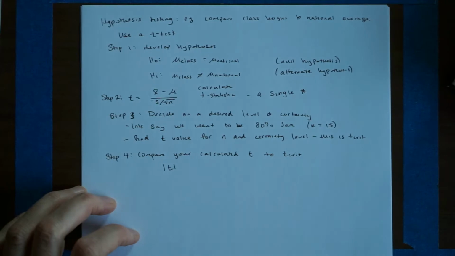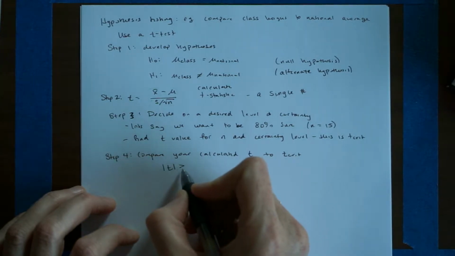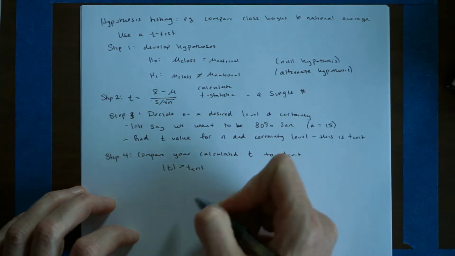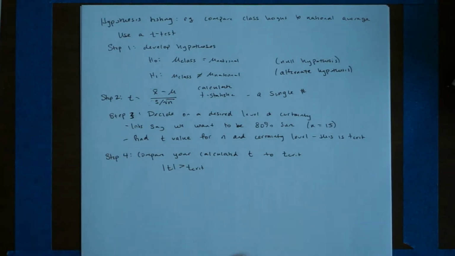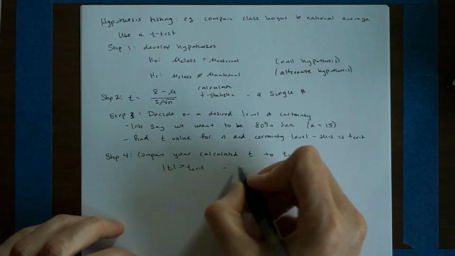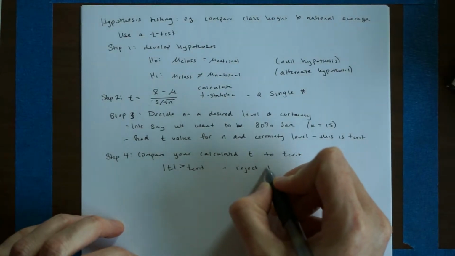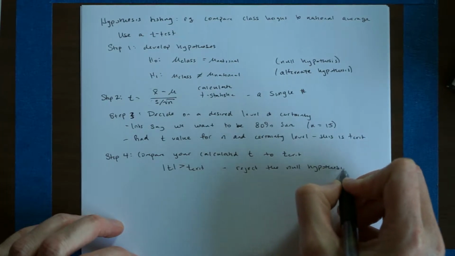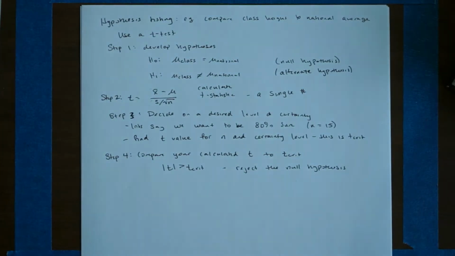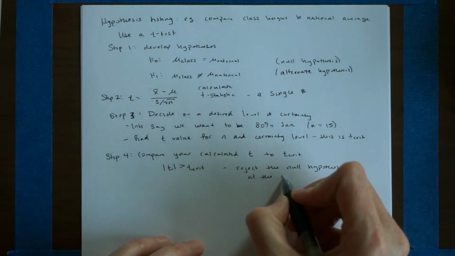So the absolute value of t, if it is greater than t-crit, that means that the variability that we observe, or the difference between our data set and the national average, is bigger than the expected variability at the confidence limit that we've chosen. So that allows us to reject the null hypothesis at the confidence level we've chosen.